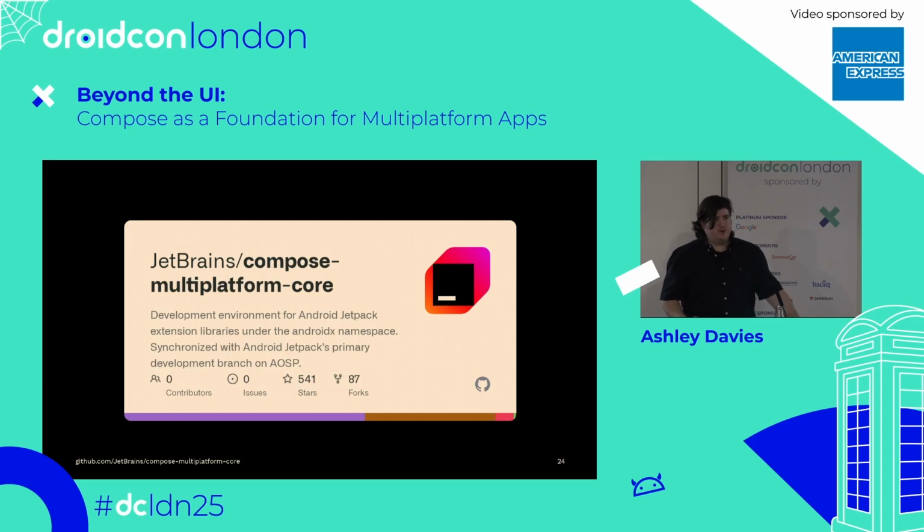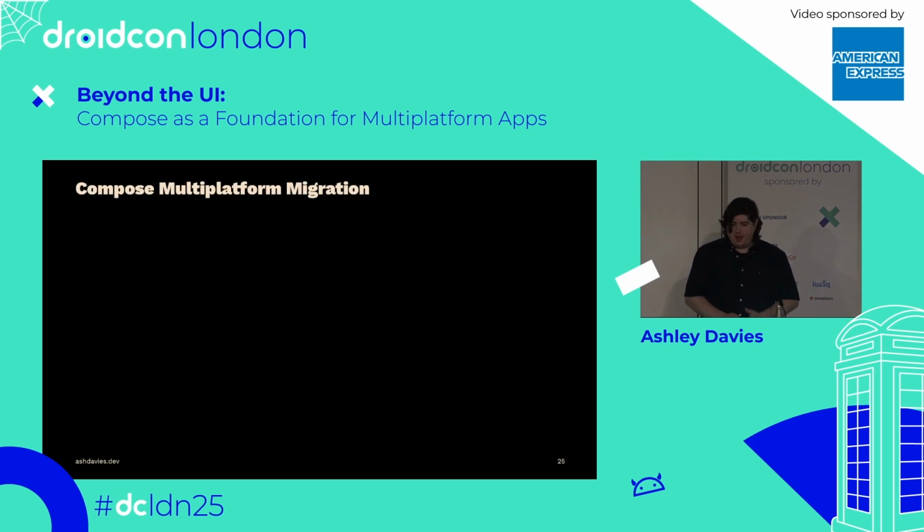But actually, they've just forked the repository and they're manually adapting it. Now, this has become easier and easier as the AndroidX team have been writing multi-platform code as a standard in the last few years, which has been a great thing for us all. But it requires a constant, huge amount of effort from the JetBrains team, so I was really impressed with that.